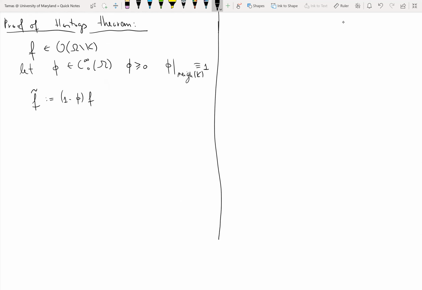By our construction, since phi is identically 0 near the boundary of omega, f tilde is the same as f near the boundary of omega. So in an open neighborhood of the boundary of omega, f and f tilde are the same.